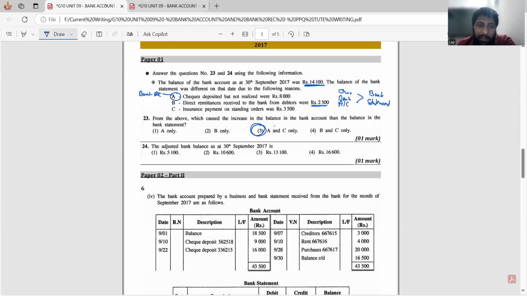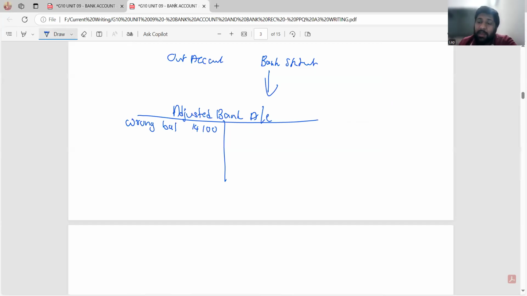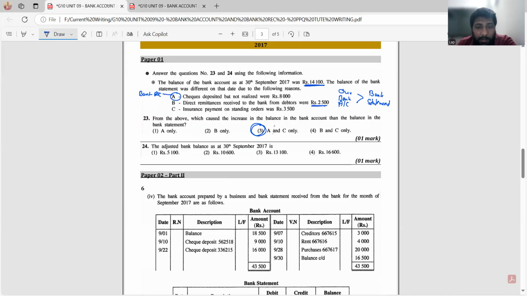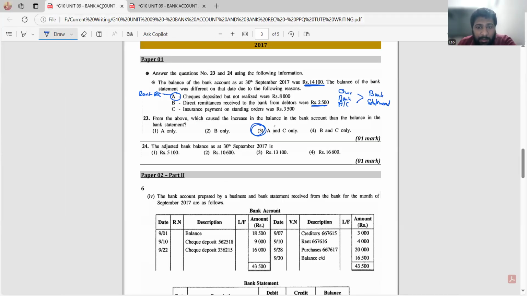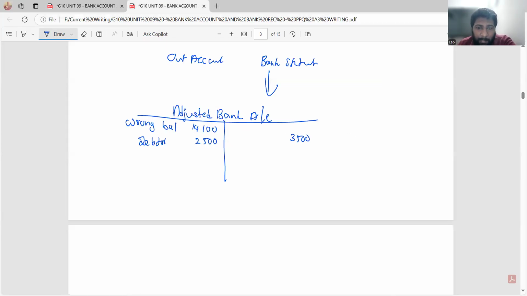When we are recording it, it is a receipt, we received it. Our bank is increasing, debit. Here, insurance payment. Money is going out, so bank is decreasing by 3,500. It's insurance. Then let's find the corrected or adjusted bank account balance.